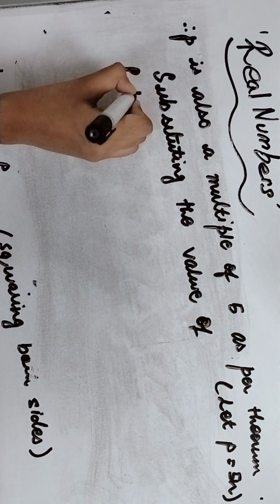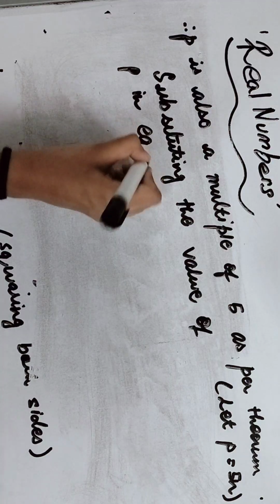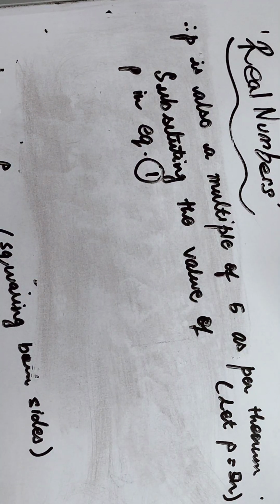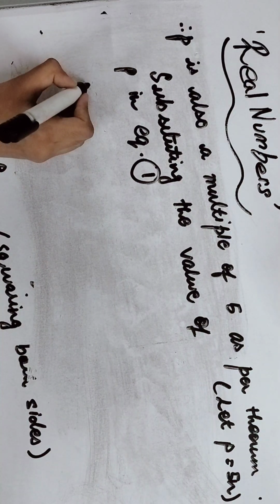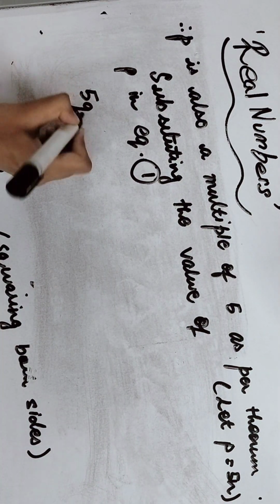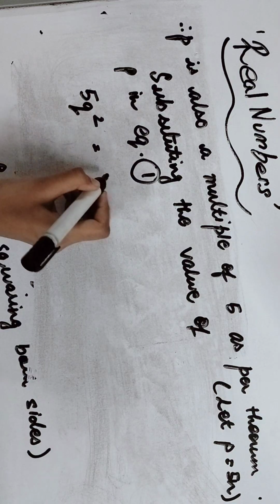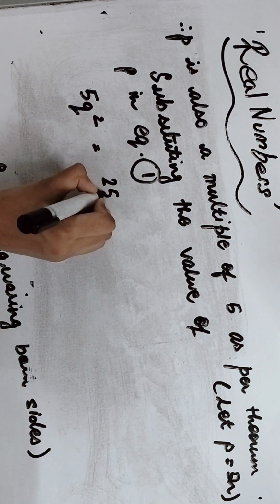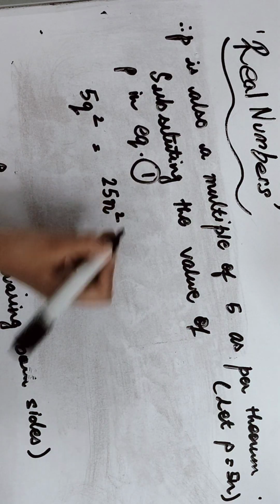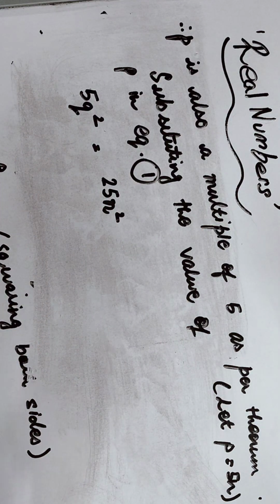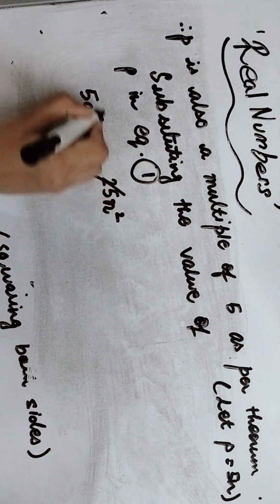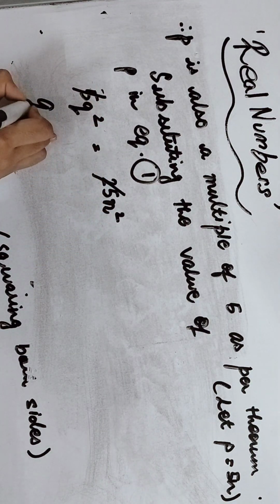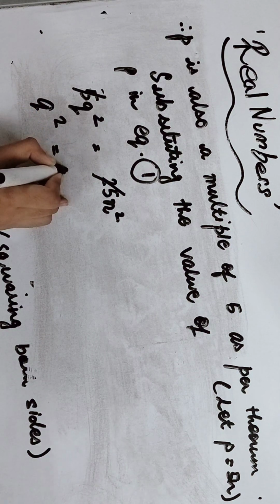Putting the value of p in equation number 1, this gives 5q square equals 25 n square, since p square is 5n whole square. 5 and 25 get cancelled, so q square equals 5 n square.